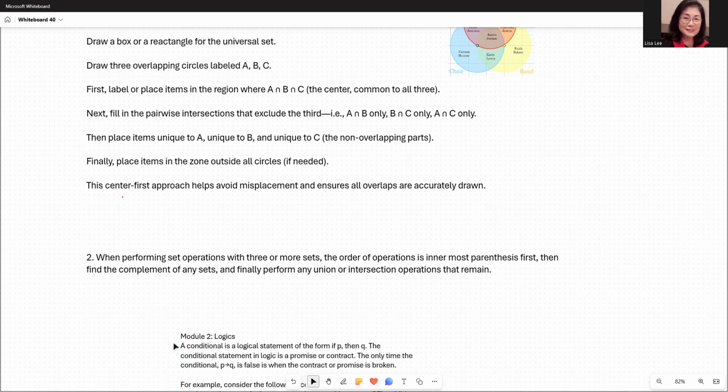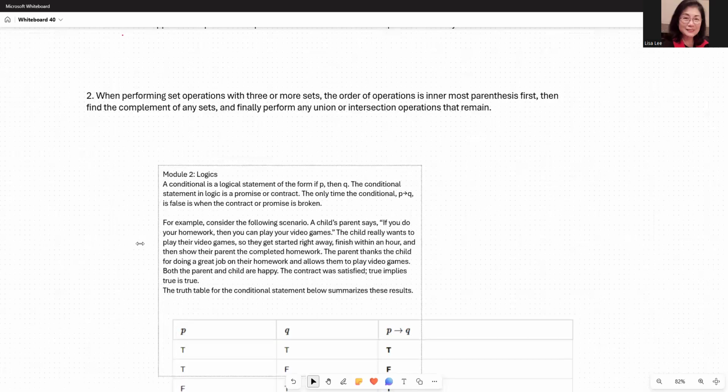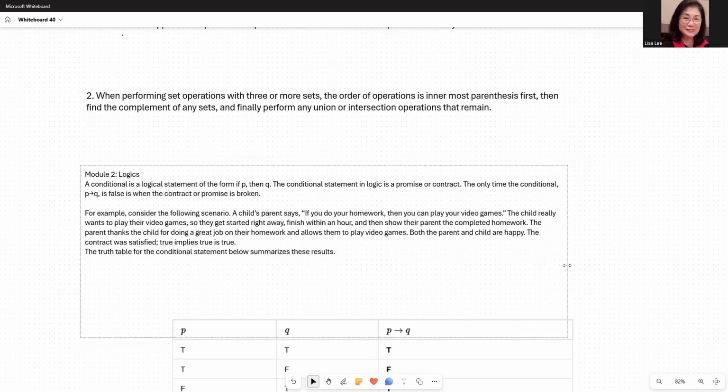The next subject I want to talk about in this video is Module 2, logic. A conditional is a logical statement of the form: if P, then Q. The conditional statement in logic is a promise or contract.